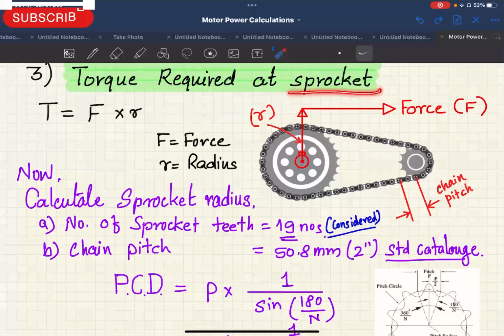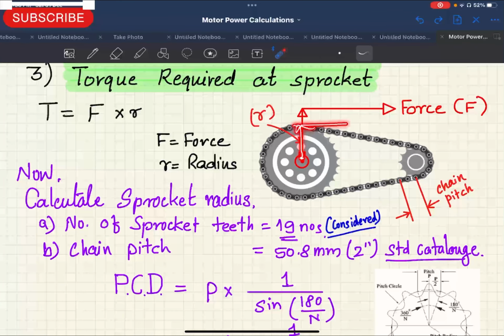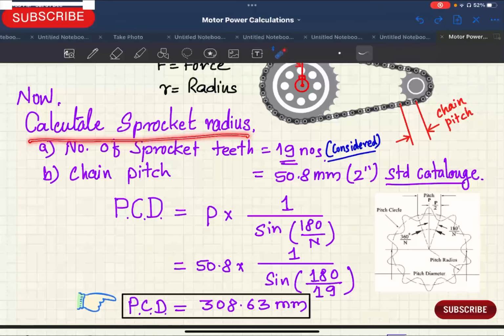Please remember we are calculating here the torque required at the motor sprocket. So the formula is F into R. F is nothing but the required force and R is the radius. So here you can say this is R, the radius of the sprocket, and here is the force applied on the sprocket.